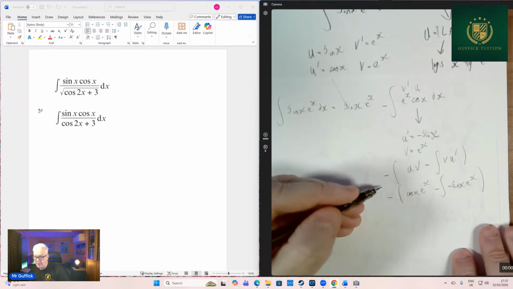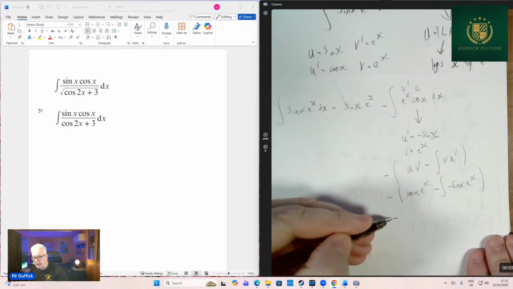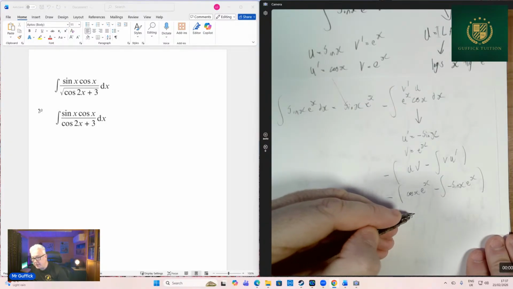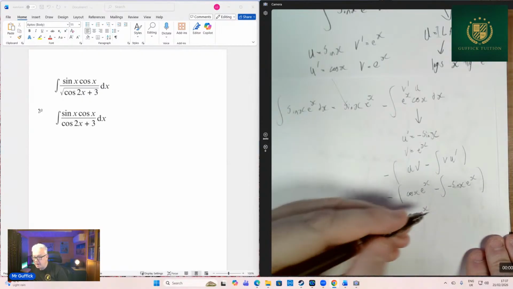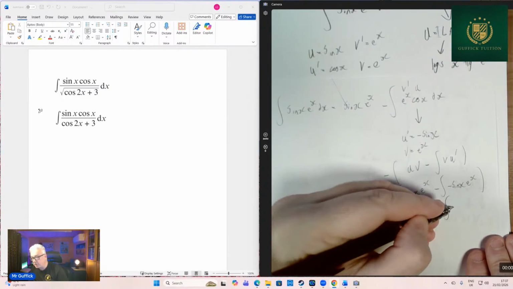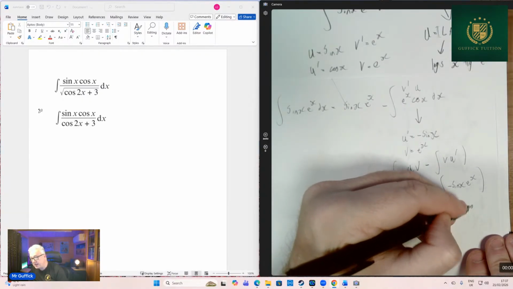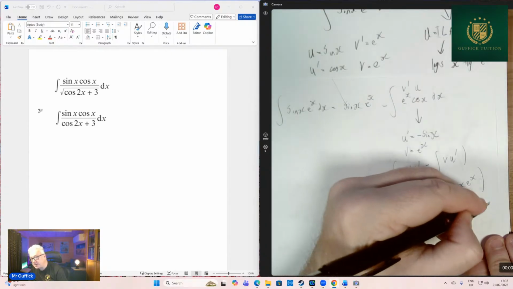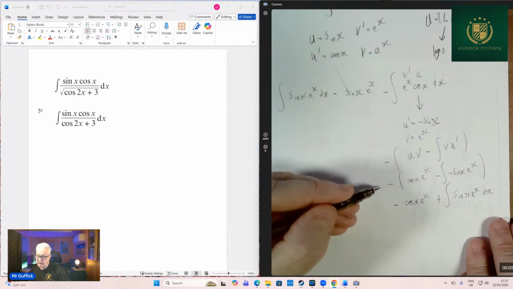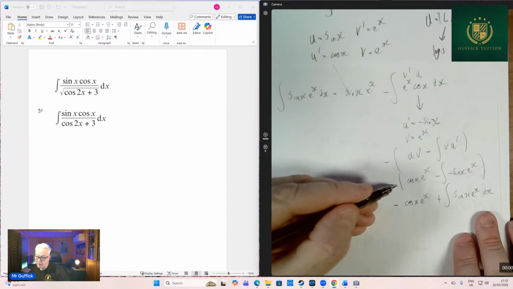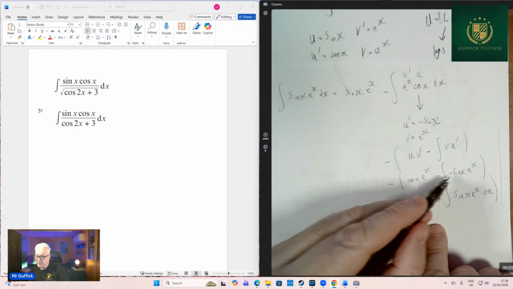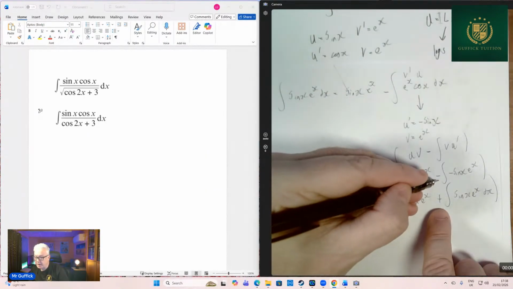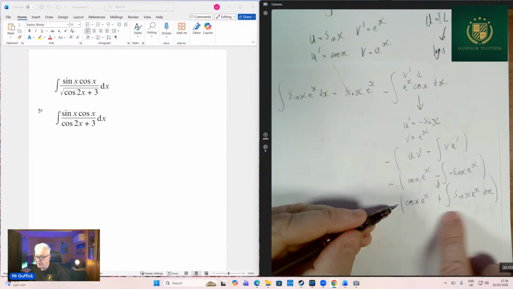Now let's see what happens. We're going to say minus cos x e to the x. So far so good. Those two minuses come together to make a plus, so plus the integral of sine x e to the x dx. Let's have a check here. We keep our brackets around that, those two have come together to make a plus, and we've got a minus in front of this whole thing.